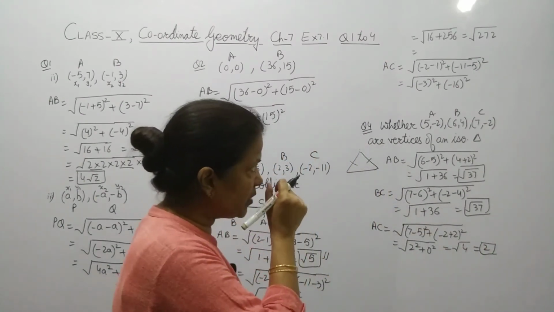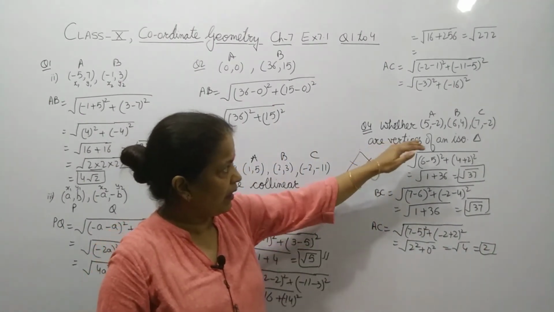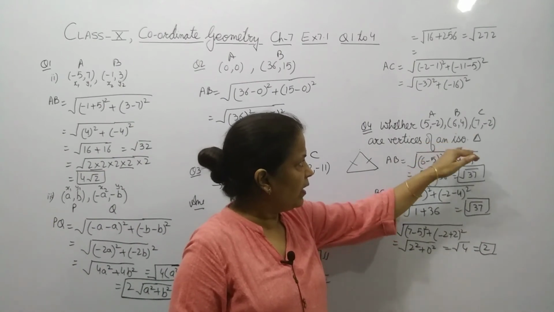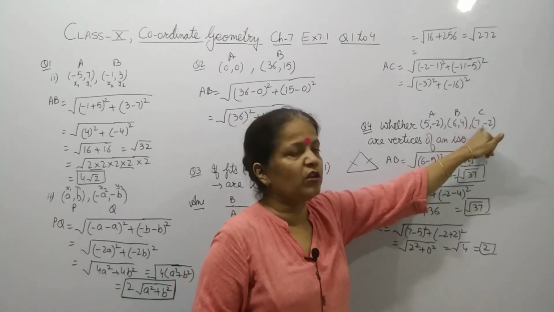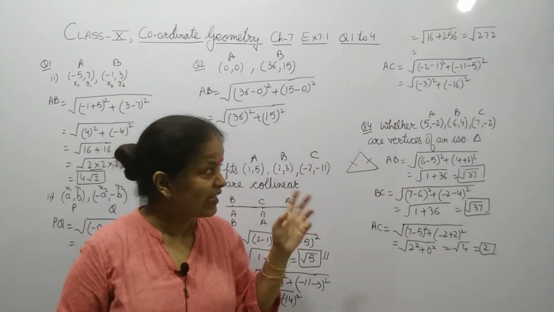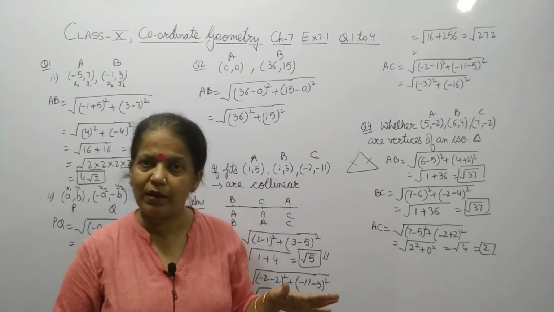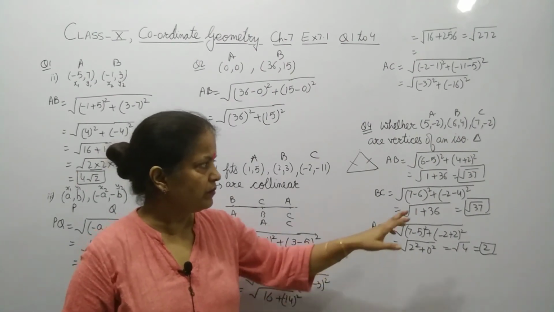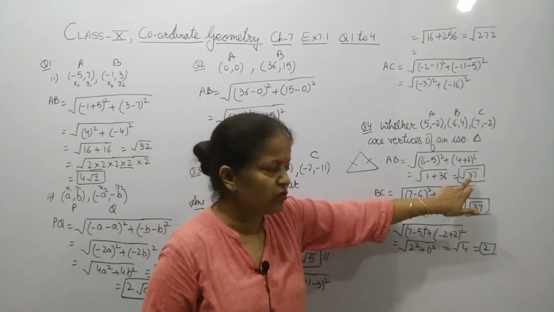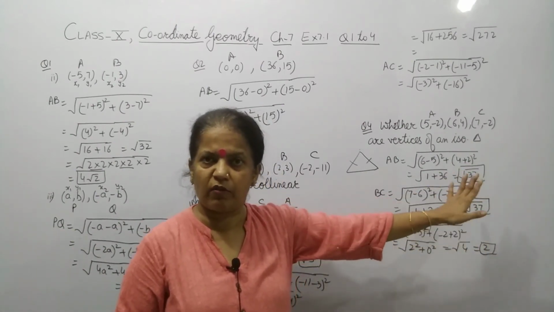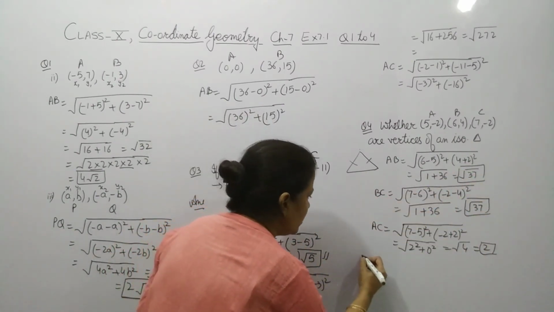So what do you observe? Now tell me whether the triangle having these coordinates, it is possible to have an isosceles triangle. See here, these two sides are equal, distances are equal, therefore it's an isosceles triangle.